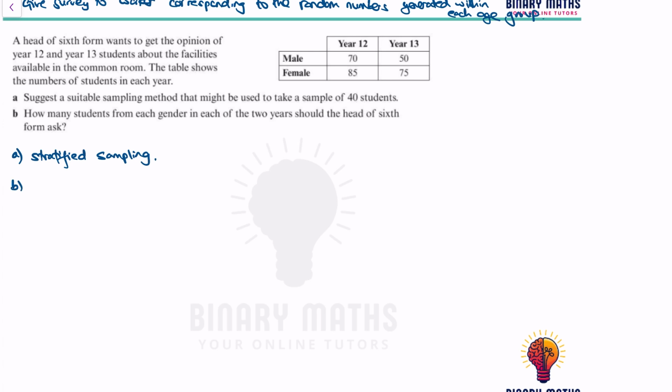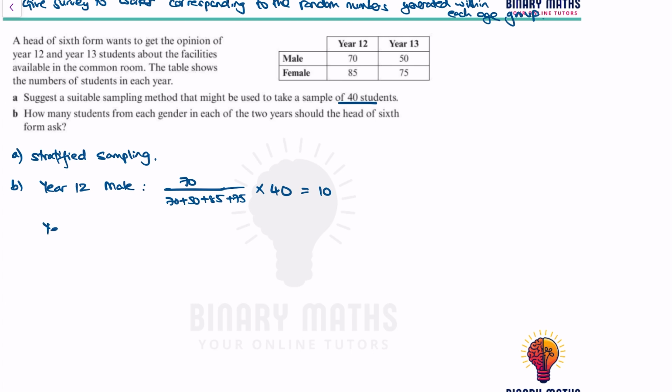B. How many students from each gender in each of the 2 years should the head of Sixth Form ask? So first one is Year 12 male. It will be 70 over the total, which is 70 plus 50 plus 85 plus 75, times by the sample size, which is 40, which is equal to exactly 10.